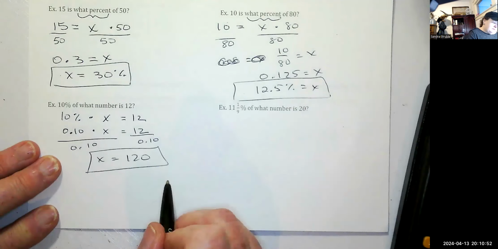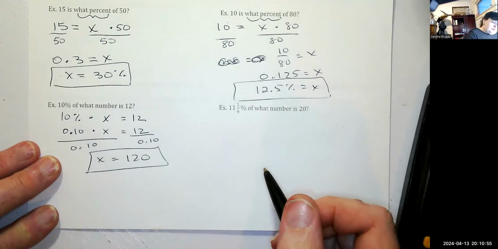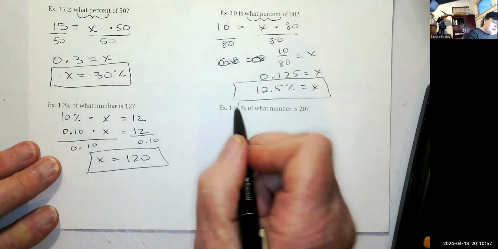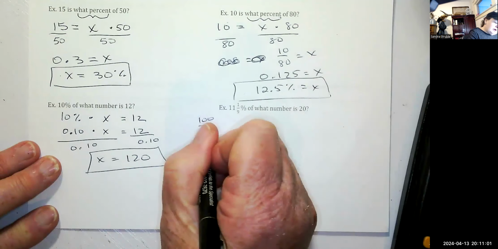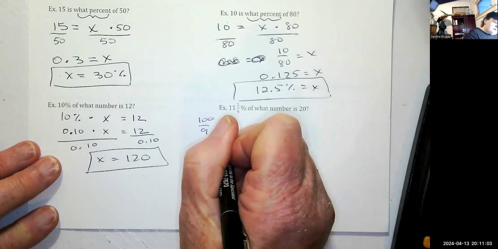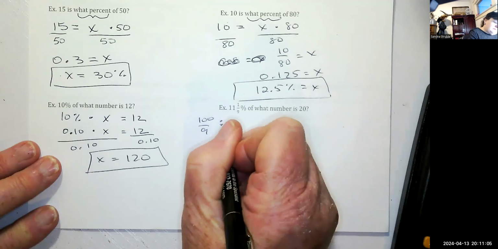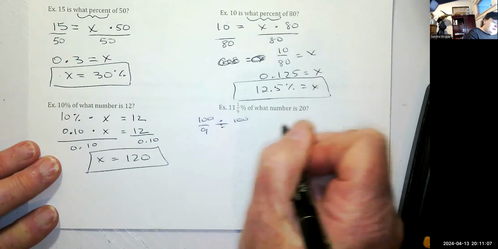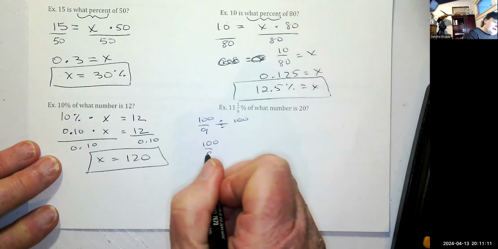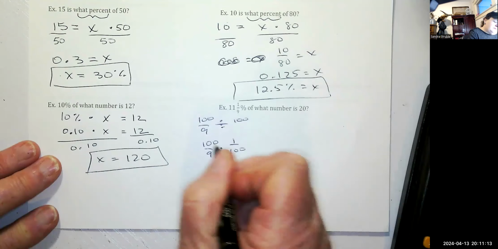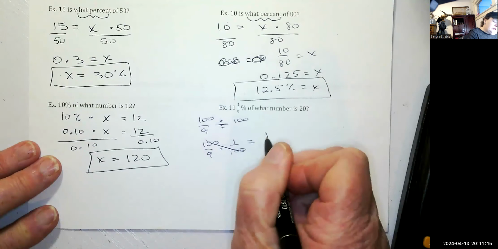11 1/9 percent. I need to switch this. So 9 times 11 is 99, plus 1 is 100 over 9. And I need to divide that by 100 to get rid of the percent. That is 100 over 9 times 1 over 100, which is 1/9.